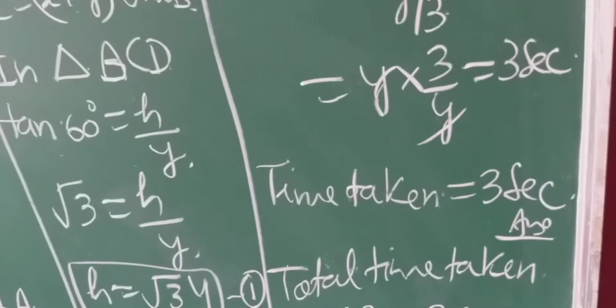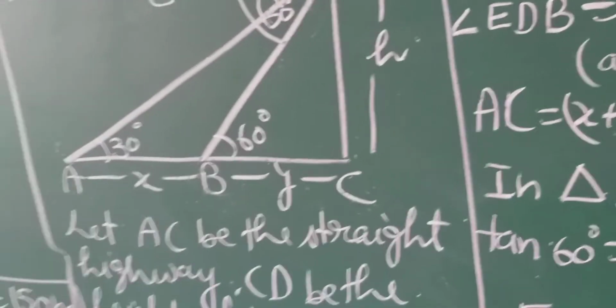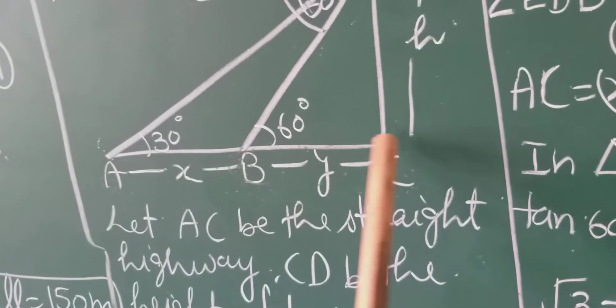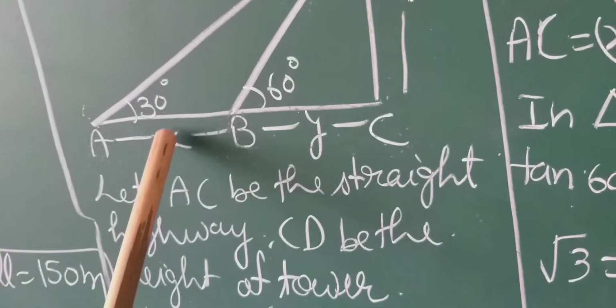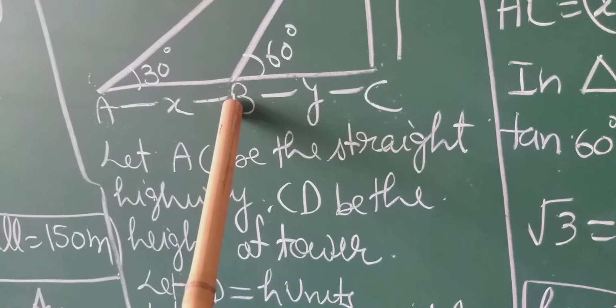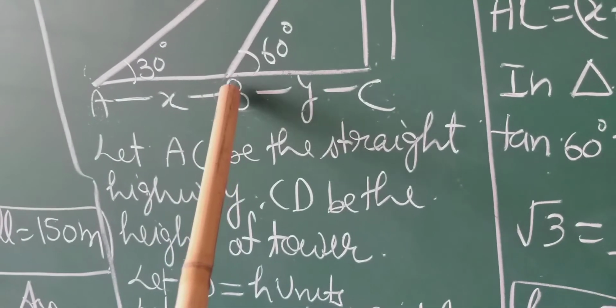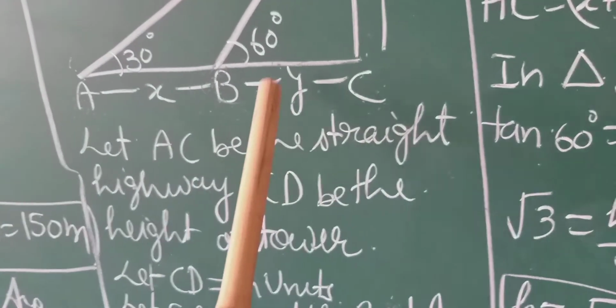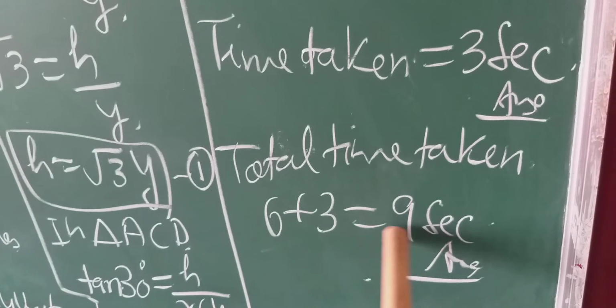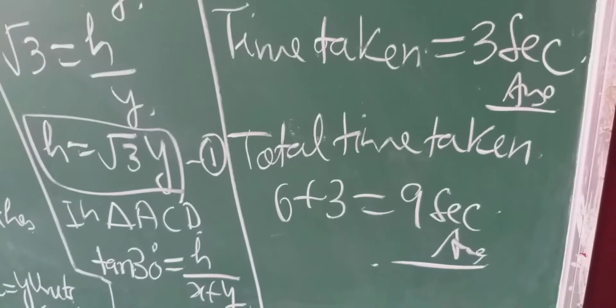And student, if the question is asking about the total time taken by the car, then we have to add both times. The time taken from A to B is 6 seconds, and the time taken from B to C is 3 seconds. When we add both of them, we get the total time taken by the car. 6 plus 3 equals 9 seconds.